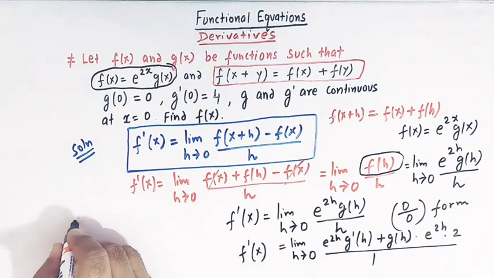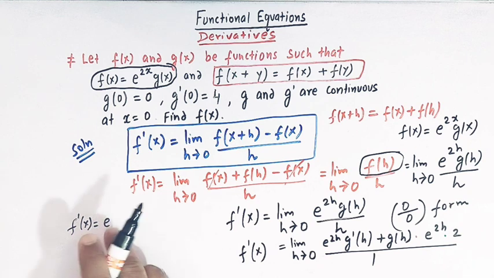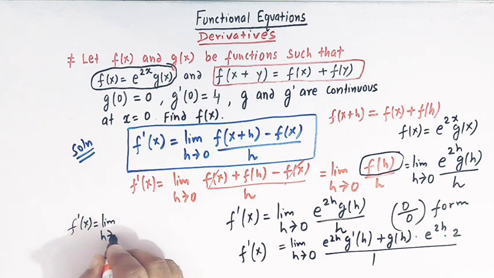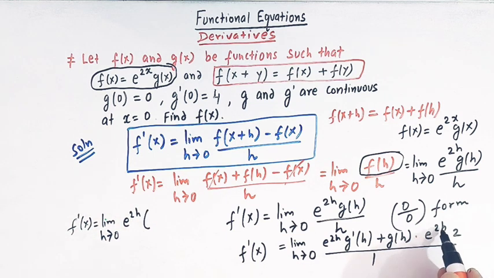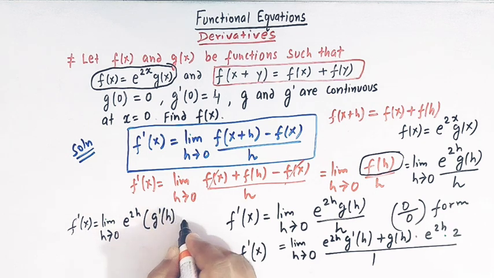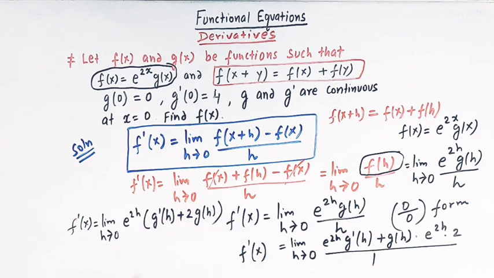So now we have f prime of x as the limit h tends to 0 of e raised to 2h, and we can take e raised to 2h common. So we have g prime of h plus 2 times g of h, right?